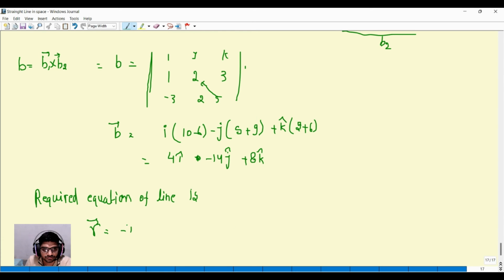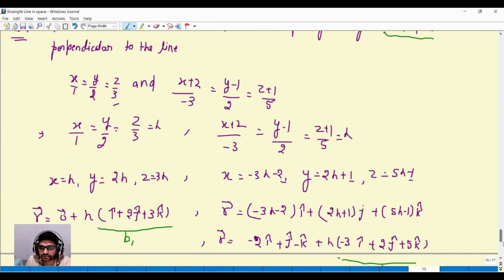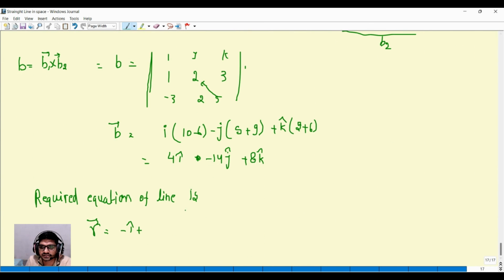So r equals minus i plus 3j minus 2k, okay, plus lambda times 4i minus 14j plus 8k, where we are going to take lambda common from these values.